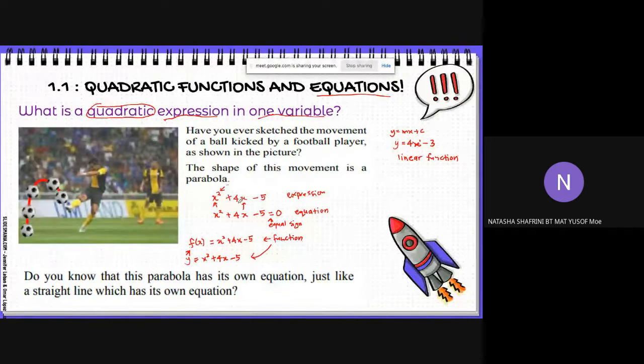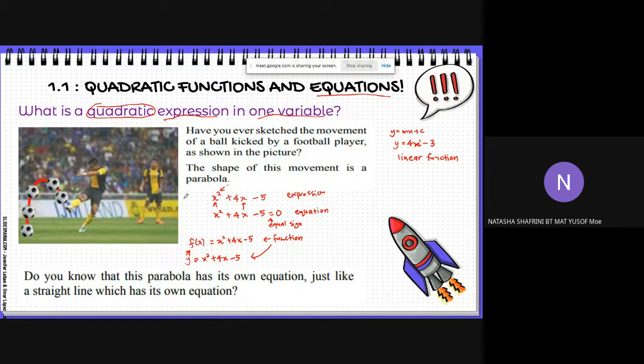Can. You can use y, you can use p, m, t. Apa-apa huruf yang kita tulis dalam huruf kecil. Okay, kita akan guna huruf-huruf tu untuk mewakili expression, equation ataupun function.